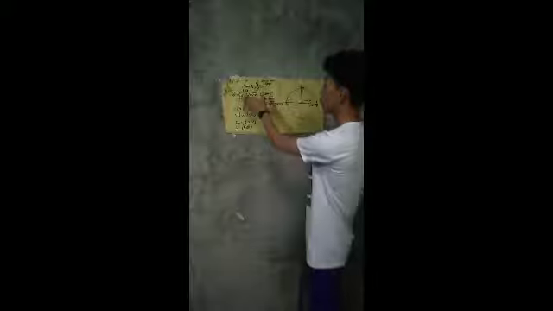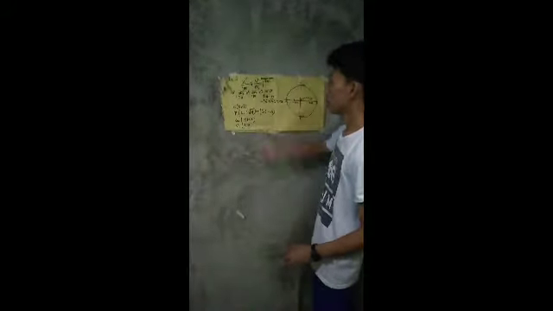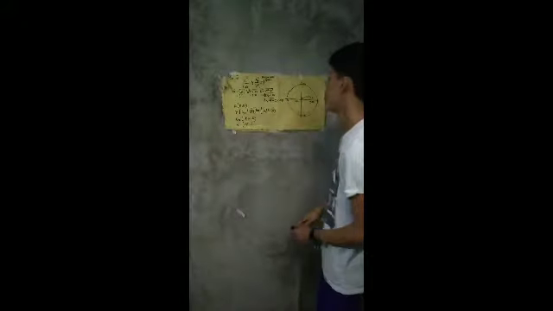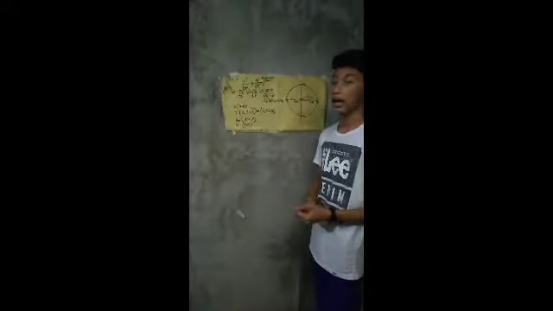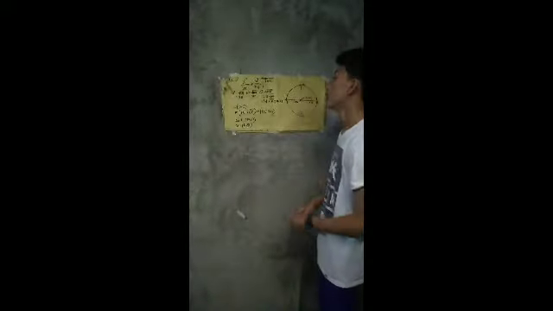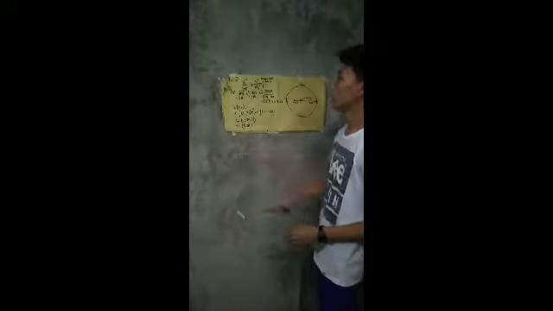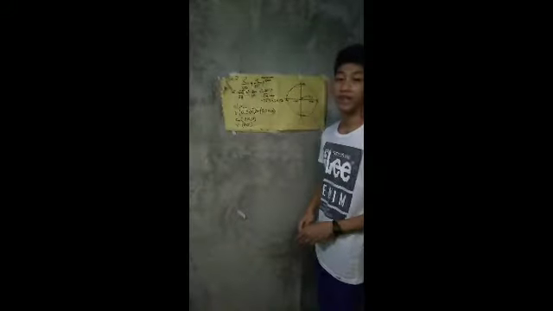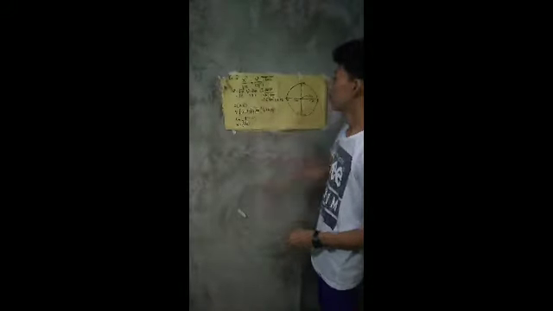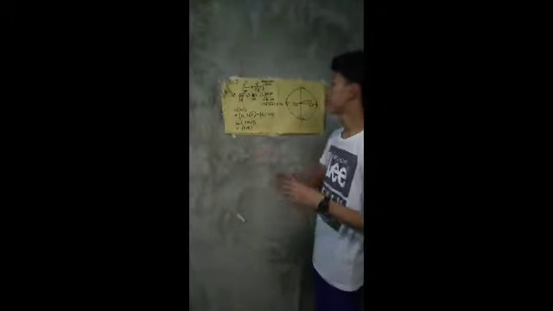So as we can see, our major axis is the y-axis because 121 is greater than 100. So to figure out, our A squared is 121 and our B squared is 100. So our A is the square root of 121, equal to plus or minus 11. And our B is the square root of 100, equal to plus or minus 10.